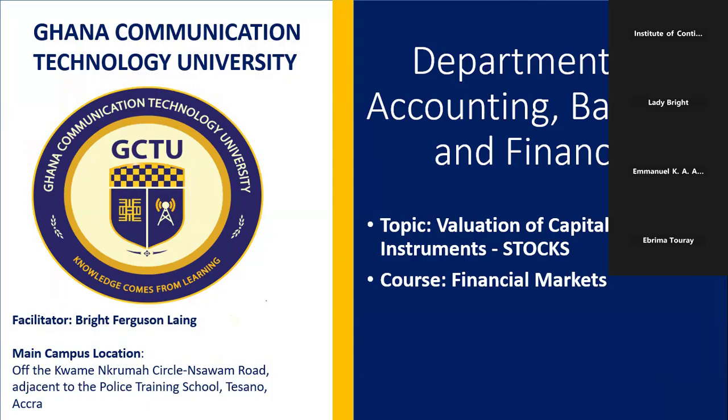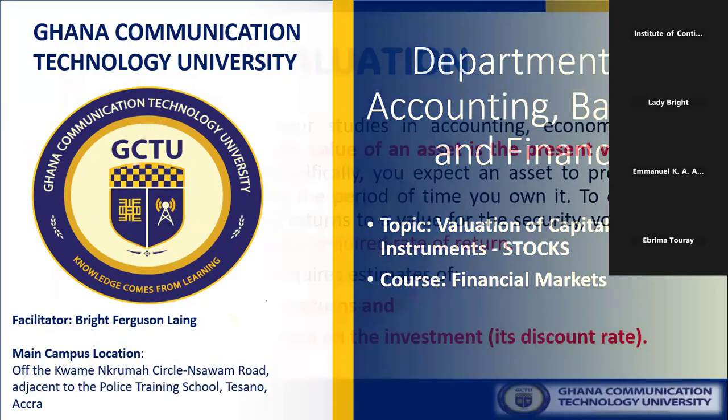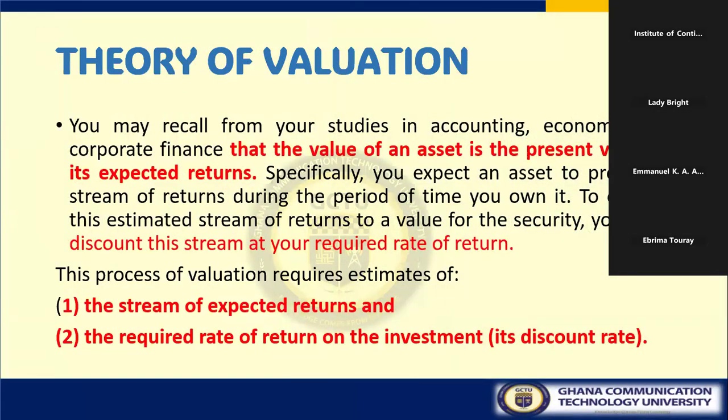Okay. So from last week, we mentioned that when you are calculating present value of an instrument like a bond or a stock, it is made up of the valuation of all its streams of income. So the expected stream of income and then the required discount rate.